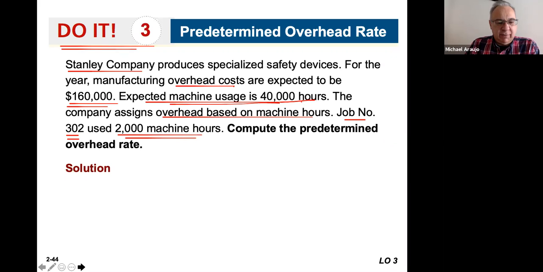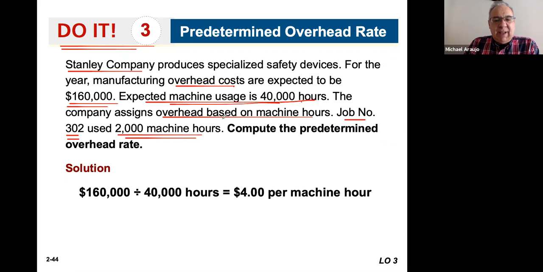Well, basically, you're looking at the total costs of 160,000, and they base that on machine hours. So you divide it by the total machine hours. So it's going to be $4 of overhead per machine hour used.